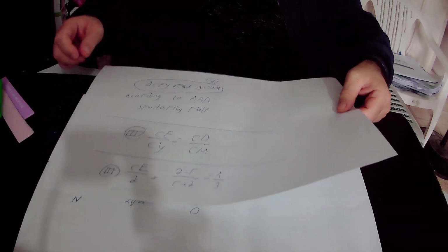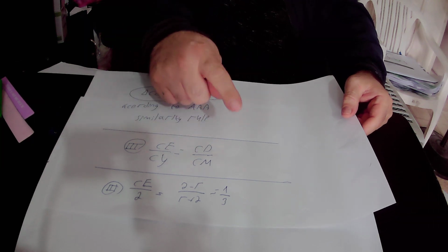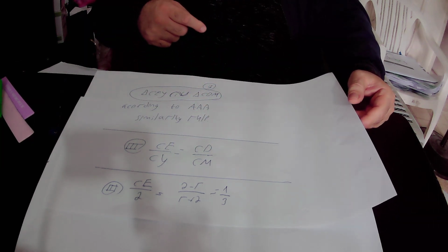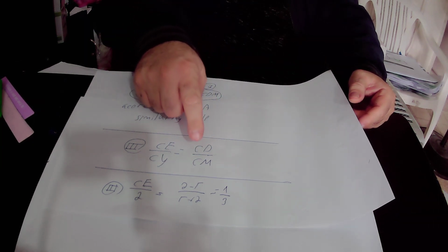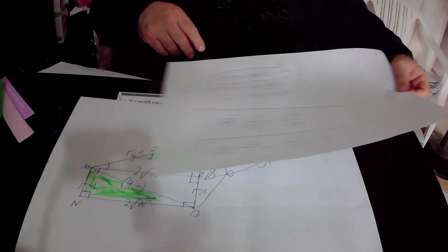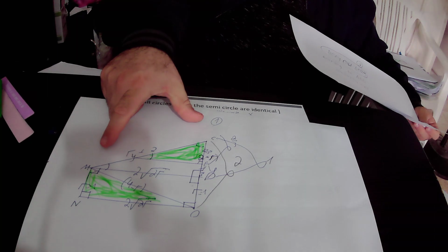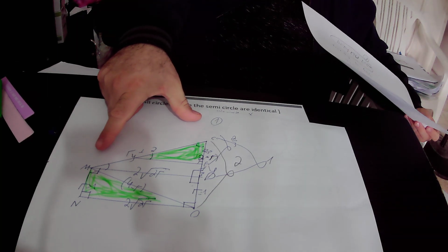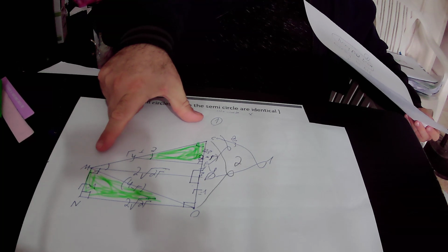CD equals 2 minus R, and R equals 1. So it equals 2 minus 1, which is 1. And CM equals R plus 2. CM is the distance between the centers of the two circles.